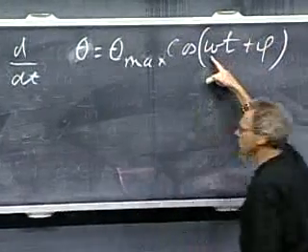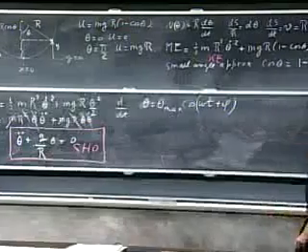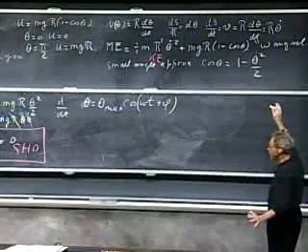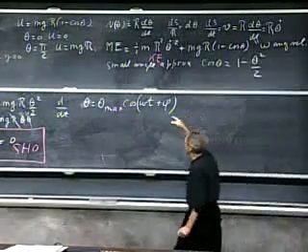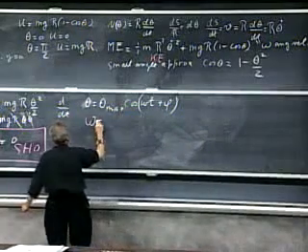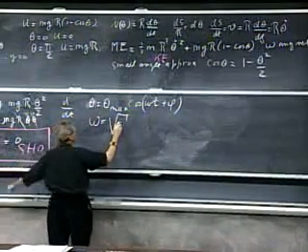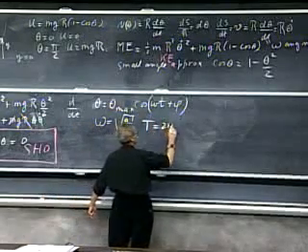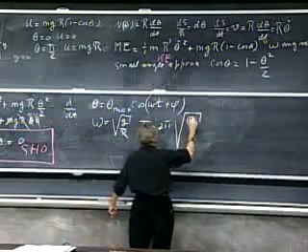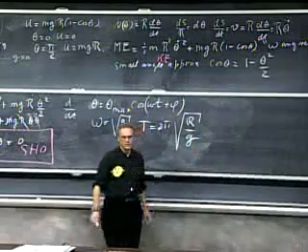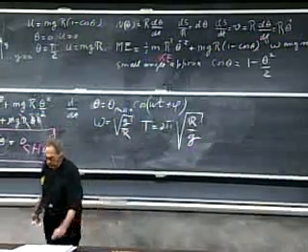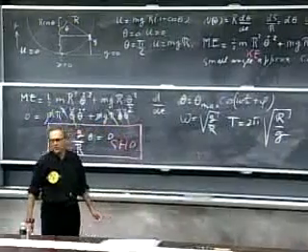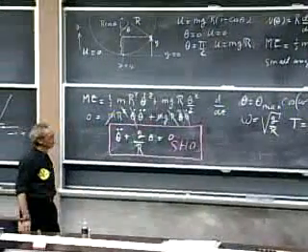This is the angular frequency, has nothing to do with that omega there, which is the angular velocity, which is changing in time. This is a constant, this is angular frequency, and this omega equals the square root of g over r. And so the period of the oscillation is 2 pi times the square root of r over g. And when you see that, you say, hey, I have seen that before.